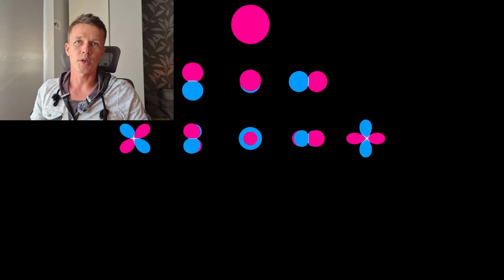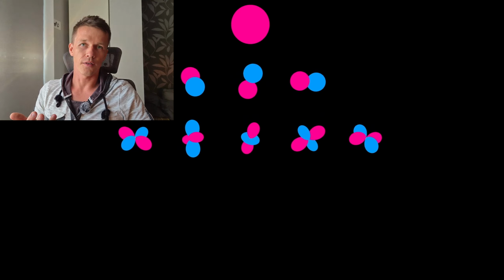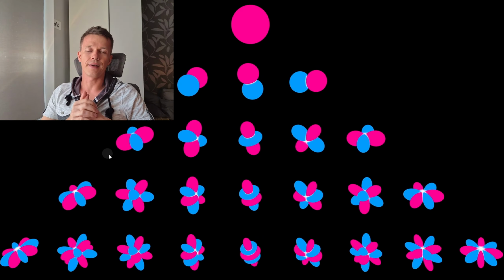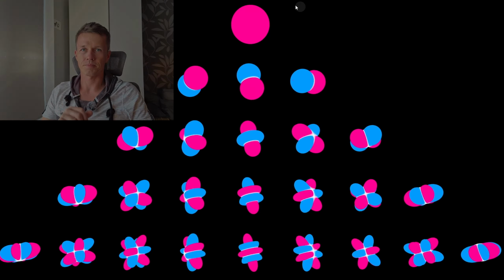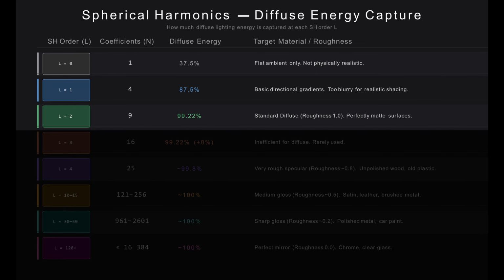So, how many coefficients do we actually need to keep in practice? Up to level 2, that gives us 9 coefficients per color channel. So for red, green, and blue together, it's 27 values per probe in the space. And here is a practical reason for stopping at level 2.